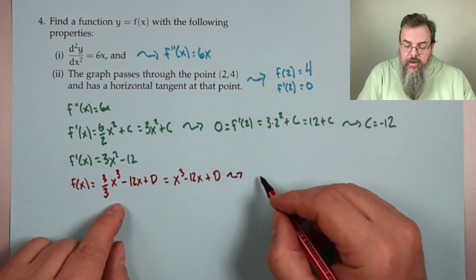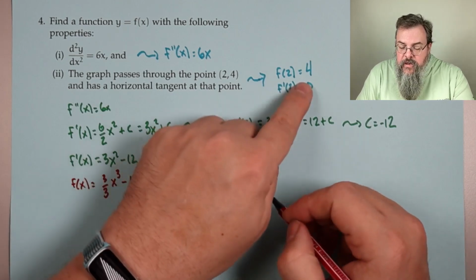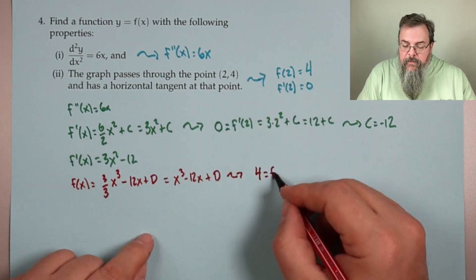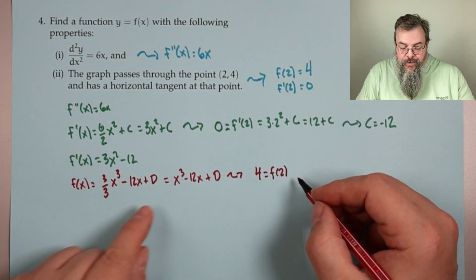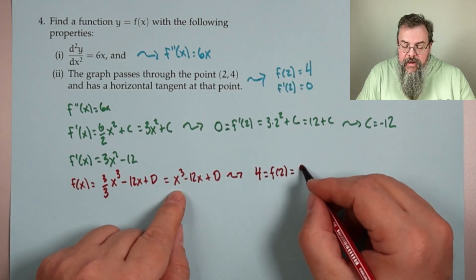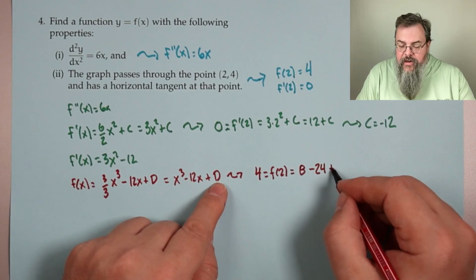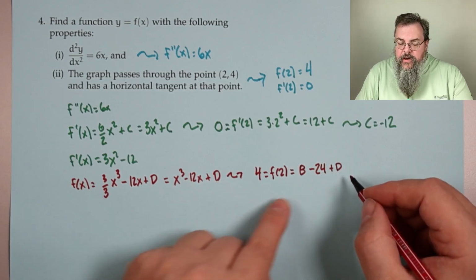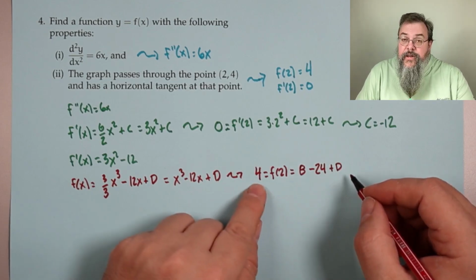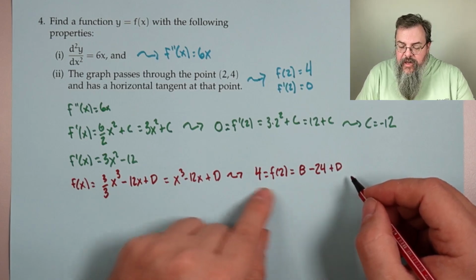So we say, well, 4 equals f of 2. F of 2, 2 cubed is 8. 12 times 2, 24. And then our constant. Well, okay, so we can add 24, subtract 8.